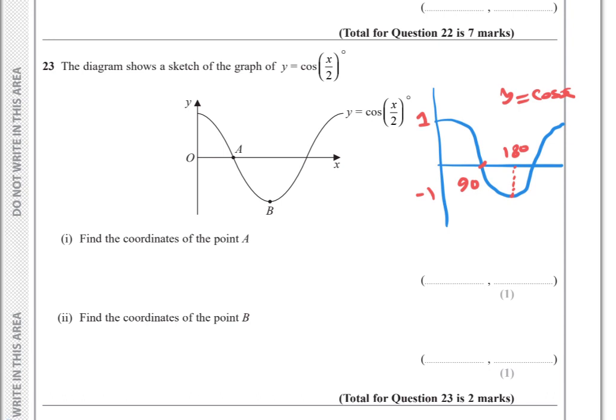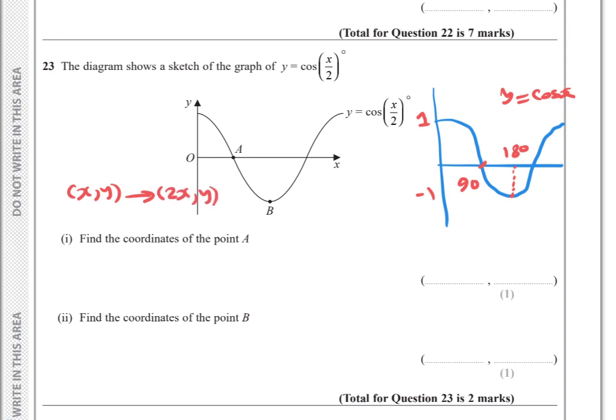Now for the new function y equals cosine x over 2. If you divide x by 2, this is a horizontal stretch by scale factor 2. So the point which has coordinates x and y will be 2x and y.